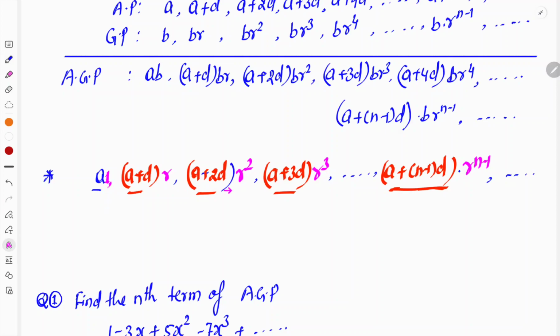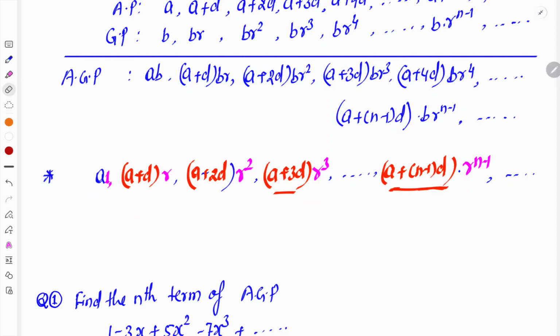So all the terms are written as products of corresponding terms of AP and GP: A, A plus D, A plus 2D, up to A plus (N minus 1) into D in AP, and 1, R, R square, R cube, up to R power N minus 1 in GP. So this is the general form of A.G.P.